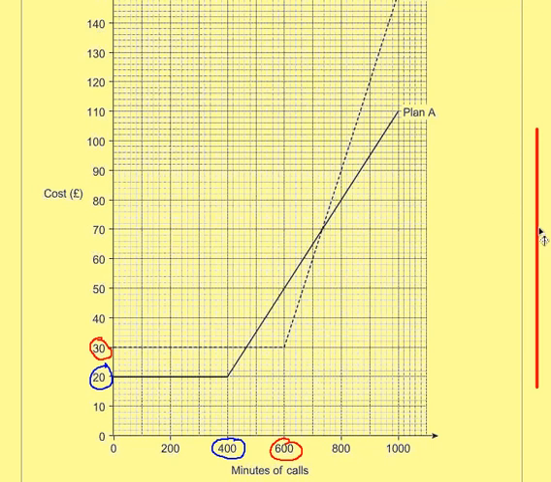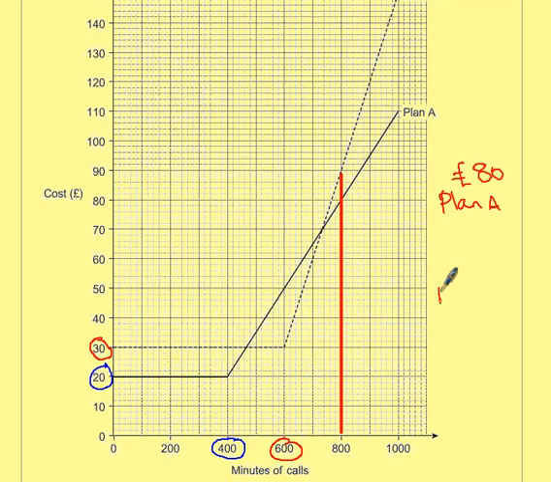So if we look at our two plans for 800 minutes, if we draw a line up at 800 minutes there, we can see quite clearly that Plan A will cost us £80 and Plan B will cost us £90. So Plan A is £80 and Plan B is £90.